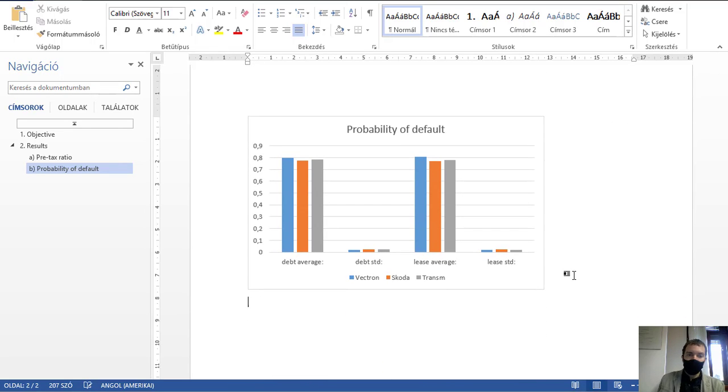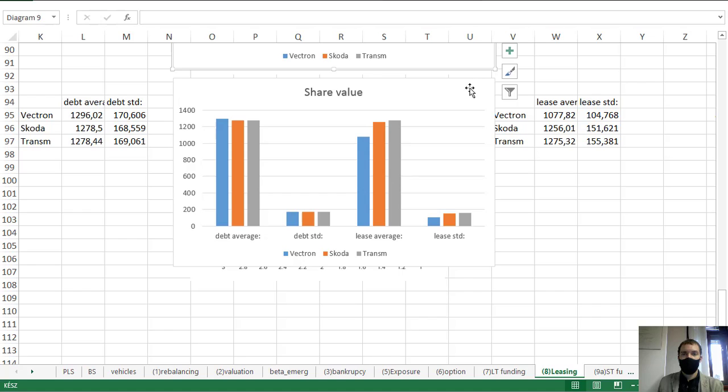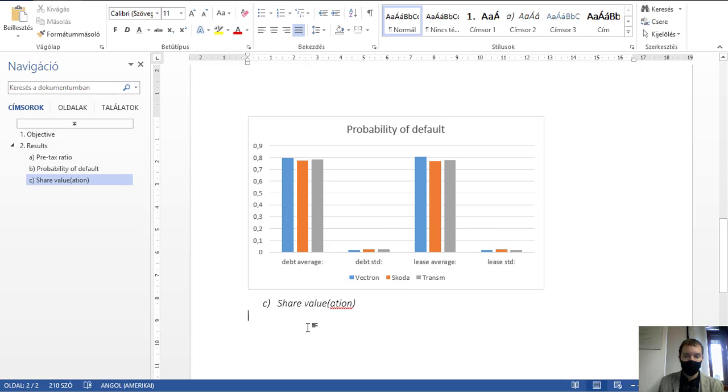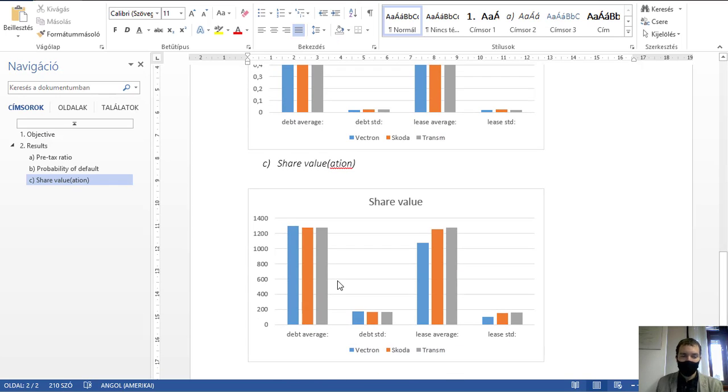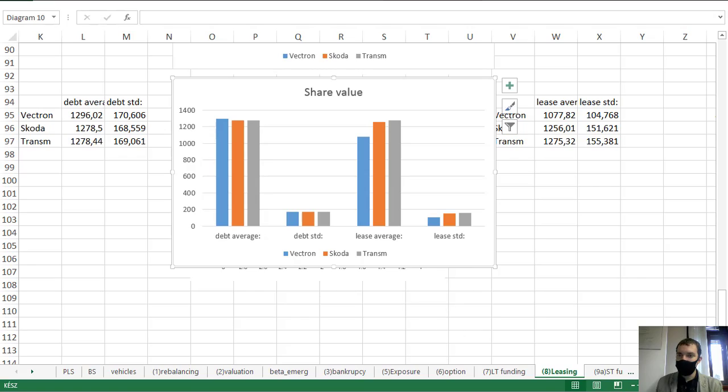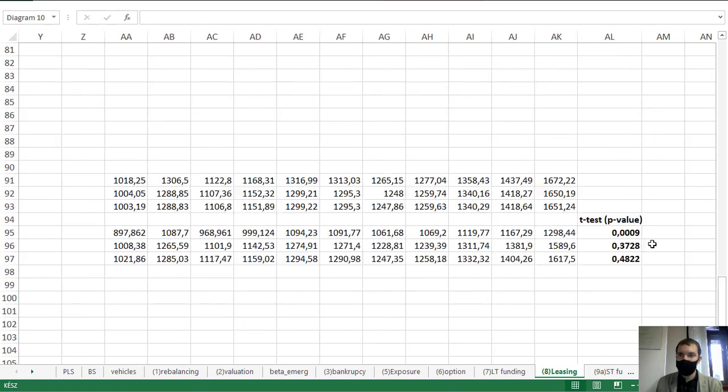Then let's see the next one, and this is the share value. Oh, this is where the strangest things happened, let's see that.